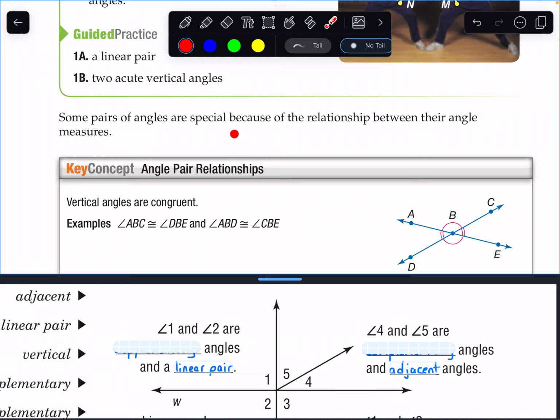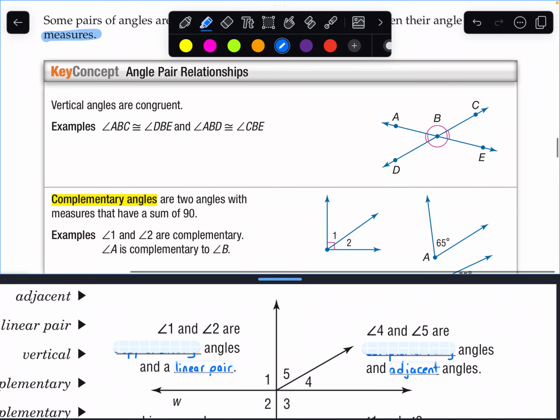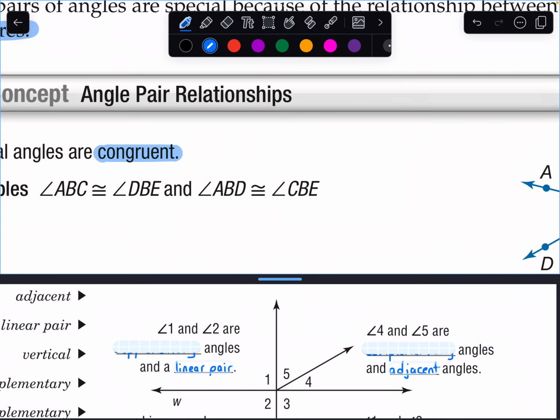Some pairs of angles are special because of the relationship between their angle measures. Okay, what about the measurements? Angle pair relationships. First off, vertical angles are congruent. Always? It doesn't say sometimes. Always.